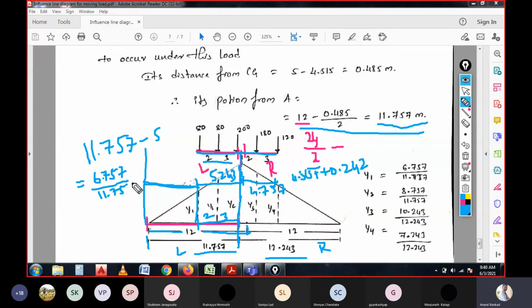11.757. That means in this calculation we have calculated the distance from the support. And for y2, it is 6.757 plus 2, and this is the span we are adding to. The plus 2 will be 8.757, again written here.